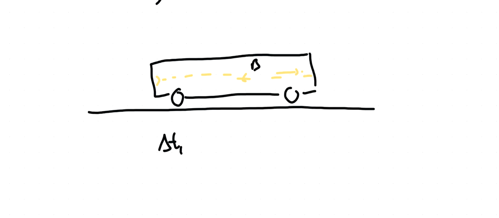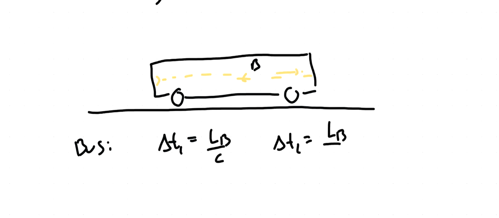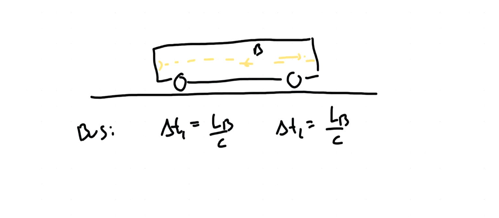Let's say for now I'm working in the bus reference frame, so I'm not going to indicate that as an index. But delta T1 is going to be LB divided by C, and delta T2 is going to be again LB divided by C. And delta T2 is the trip back for the light.